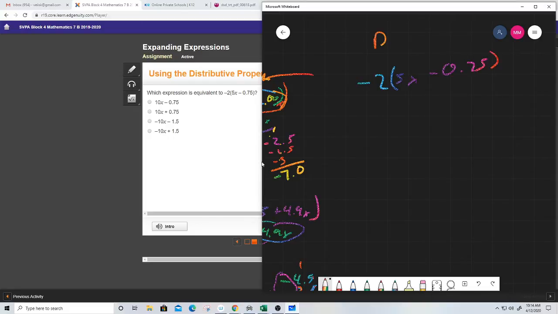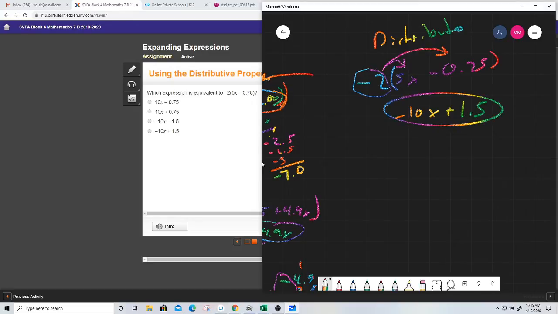When you distribute, you take this outside number and multiply by the terms on the inside. So negative 2 times 5x is negative 10x. And then negative 2 times a negative 0.75 is a positive 1.5. That's how we do that.